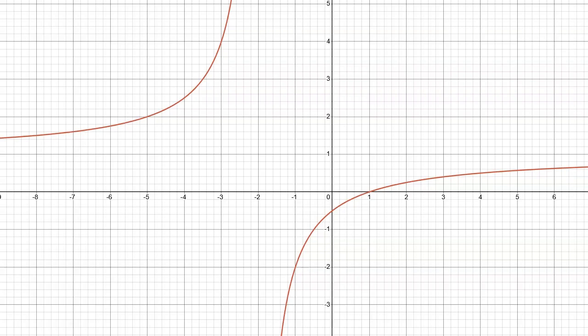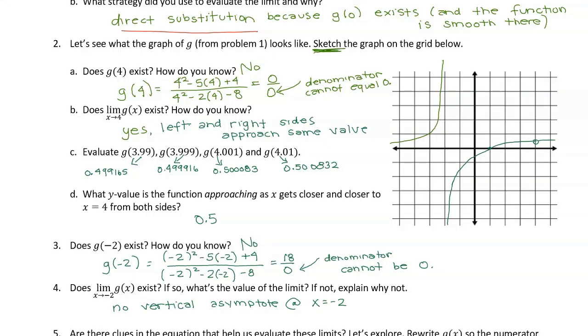And then another thing that doesn't show up as well on this graph, but if I hover over, you'll see that if I get to x equals 4, the output value says undefined. Now, I did draw a sketch of it here. There is a vertical asymptote here at x equals -2. And then I did draw an open circle here at x equals 4.